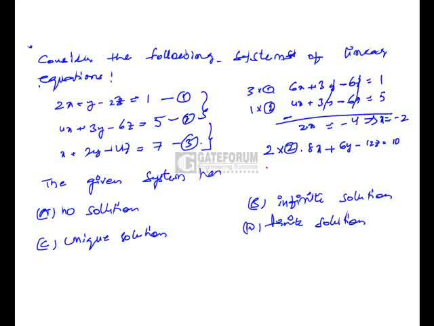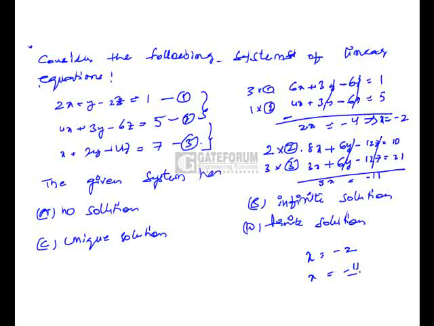And let us multiply equation 3 by 3, and we get 3x plus 6y minus 12z is equal to 21. Now let us subtract equation 3 from 2. We get 5x, these two get cancelled, and 10 minus 21 is minus 11. So we got two equations: x is equal to minus 2 and x is equal to minus 11 by 5.